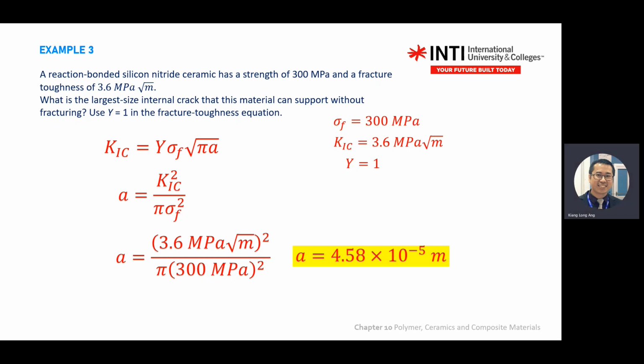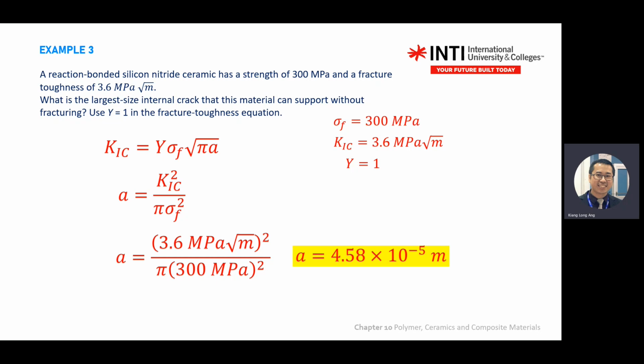So for KIC, if I transfer all the values, Y, sigma, and square root of pi A: Y has no unit, Y is a number. Sigma is stress.